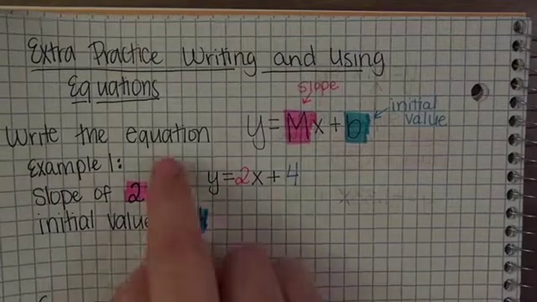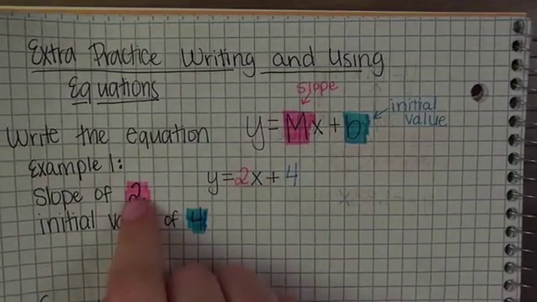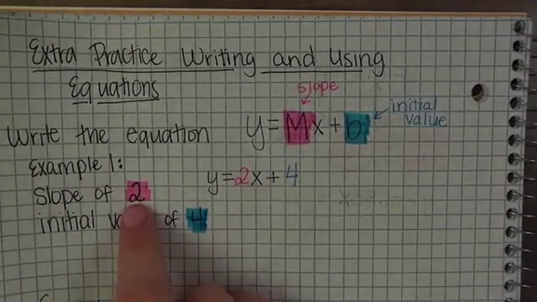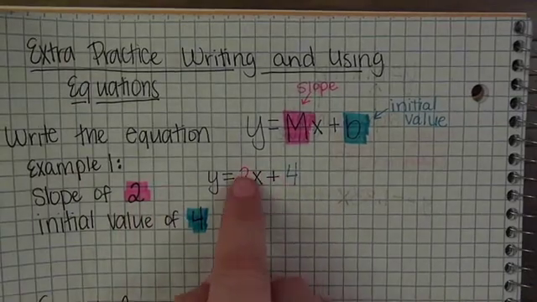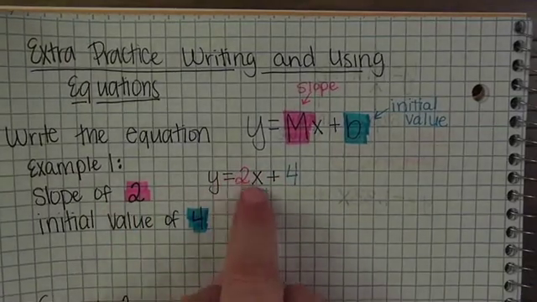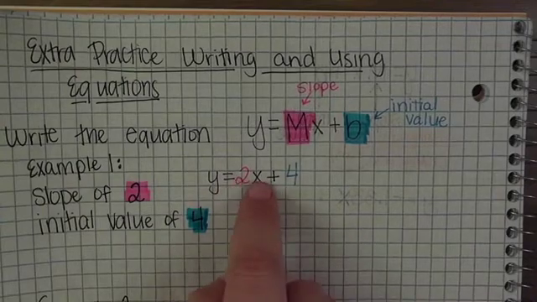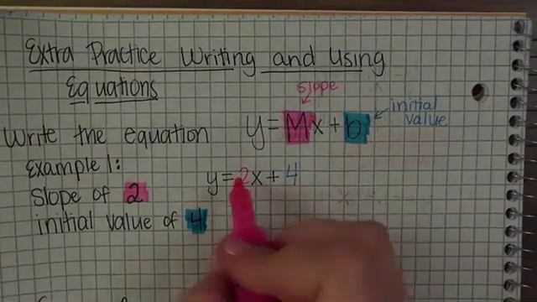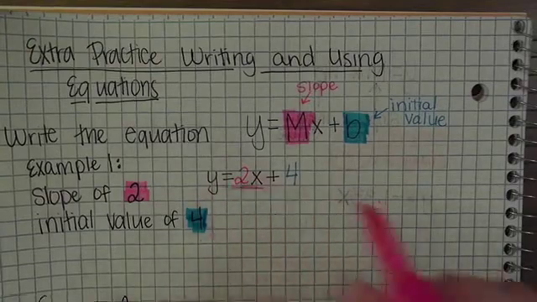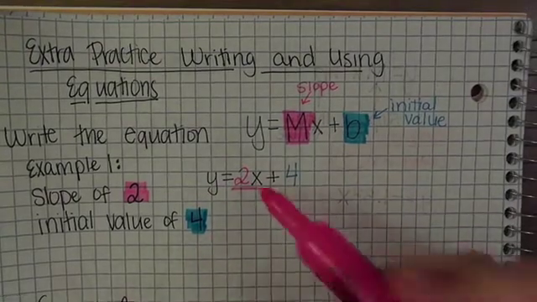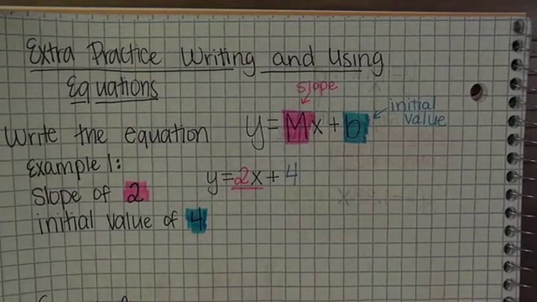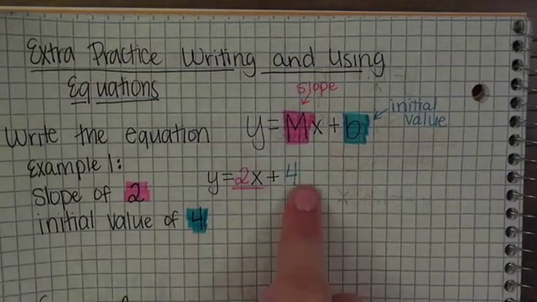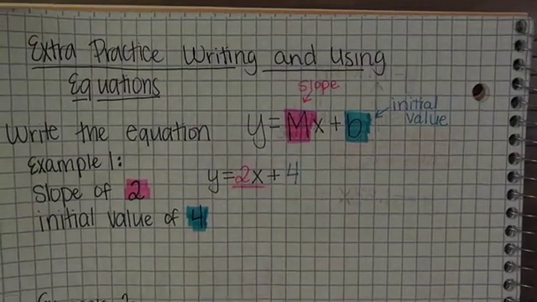So anytime it says something about slope, or once you find the slope, which we'll be doing in this as well, the slope is 2, so that goes into the equation next to x. That's always important that you remember that the m is next to x. And then the 4 is the initial value. So that's our equation. We're done.